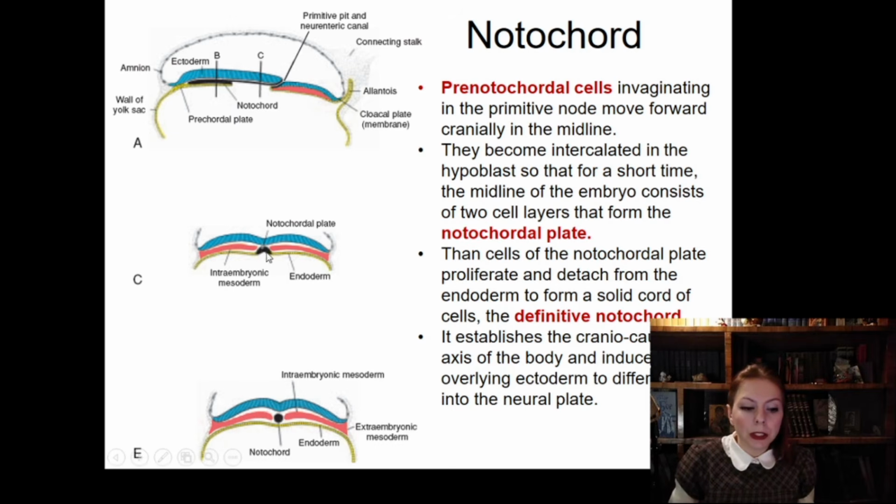So all the cells of the ectoderm located above the notochord would give rise to the neural tube, and that's what we call the primary induction. So primary induction is when the notochord stimulates the overlying ectoderm to form the neural tube, to differentiate into neuroectoderm.